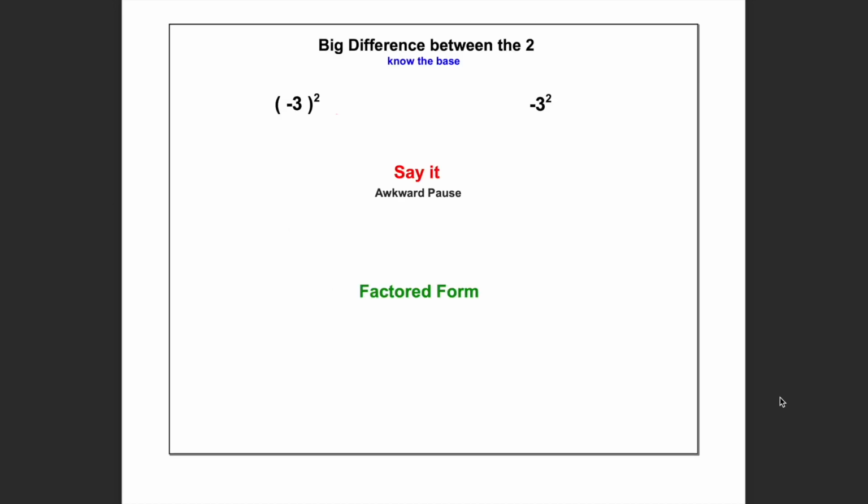So again, the big difference between negative 3 squared and negative 3 squared. Say it with an awkward pause. We've got negative 3 squared and negative 3 squared. Sometimes I also like to say if multiple things are being squared or raised to a power, I'll say negative 3 all squared.